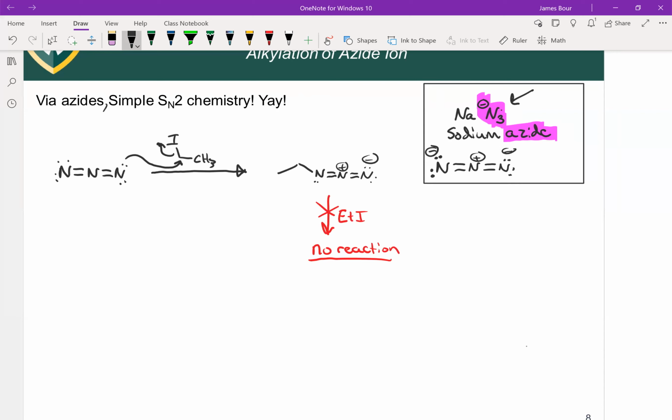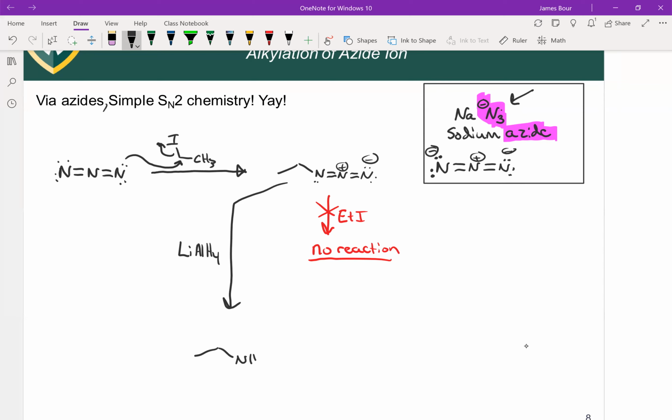However, alkyl azides themselves are not very useful. They are highly toxic and prone to explosion, as sodium azide is itself. The most useful reactions of azides are their reduction using lithium aluminum hydride to the corresponding amine. Now, this is a two-step process. We have to alkylate first.